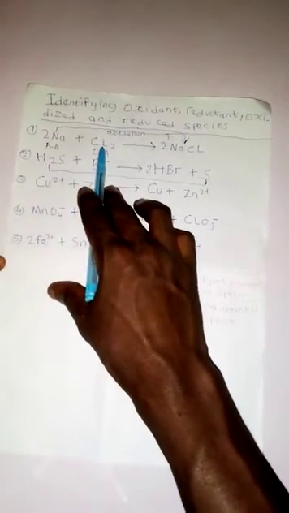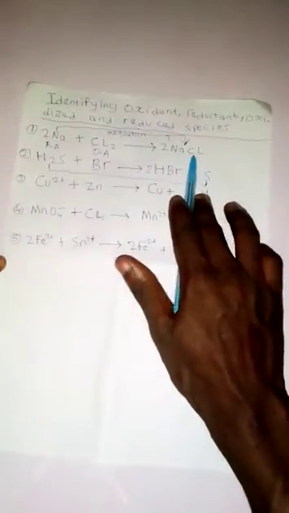Sodium is the electropositive element here, chlorine is the electronegative element. Chlorine was added to sodium for sodium chloride to be formed, which means sodium has undergone oxidation because an electronegative element was added to it.